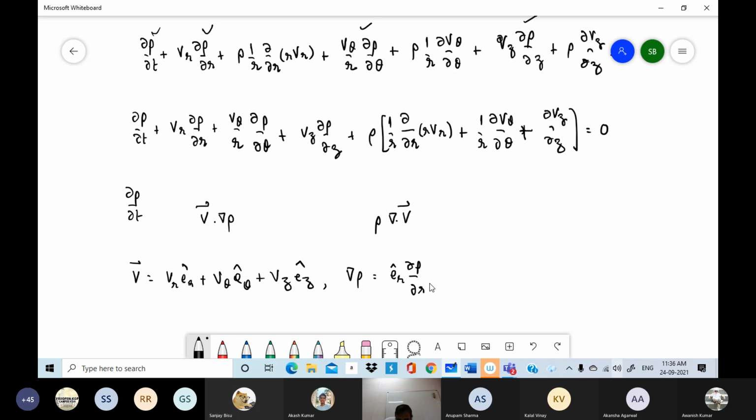That is what I have. The e theta must be 1 by r del rho by del theta. Then the V theta comes from here and the 1 by r del rho by del theta comes here. So this is the expression for grad of rho.